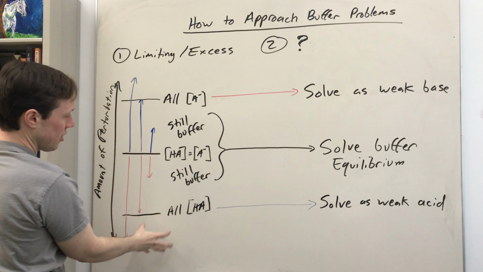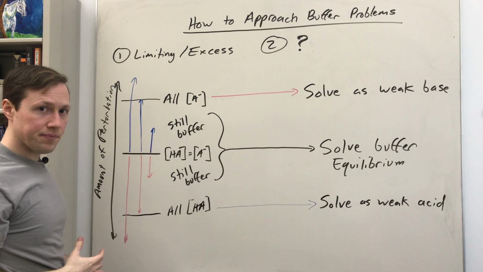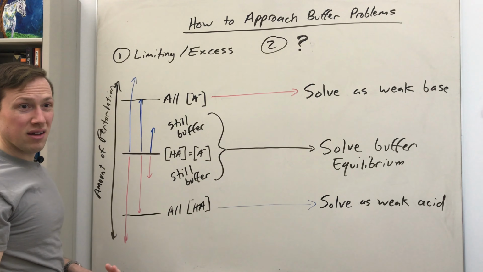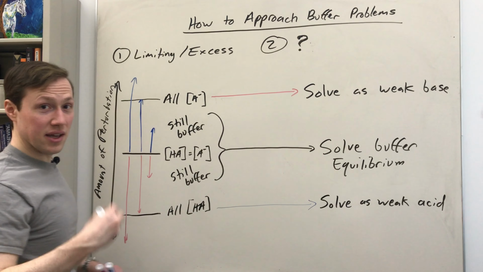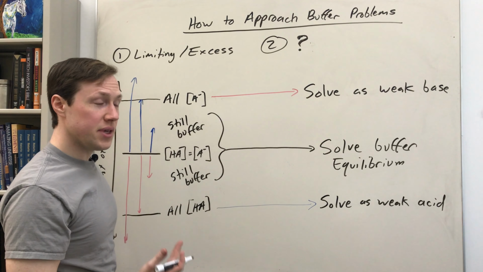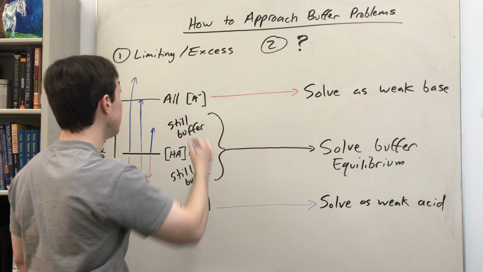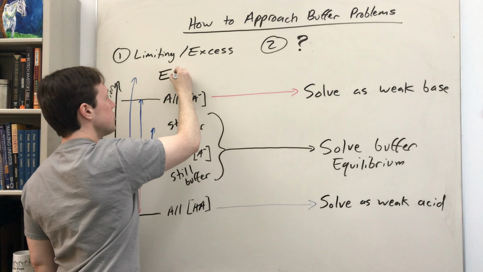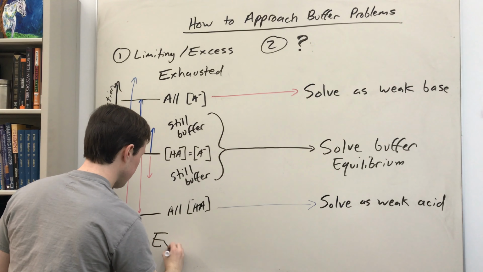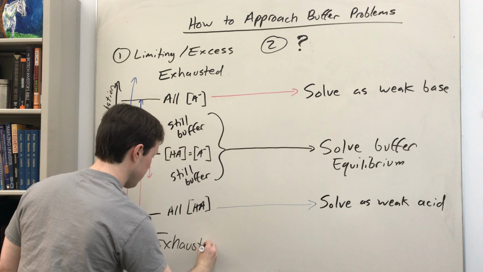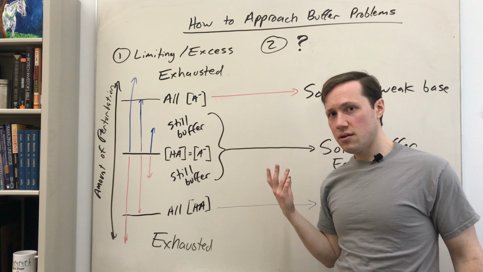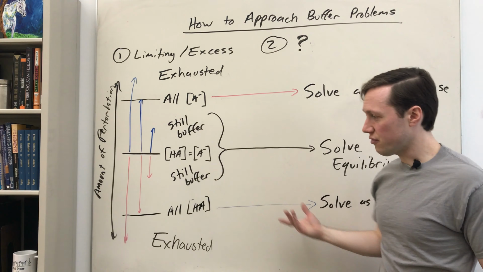There are these cases at the very top and very bottom where we add an enormous amount of either acid or base relative to our buffer. That is, buffers do prevent pH changes, but only up to a point. So in this region, we would say the buffer is exhausted. How do we determine the pH if a buffer is exhausted?